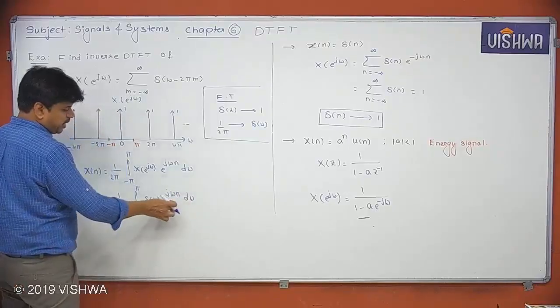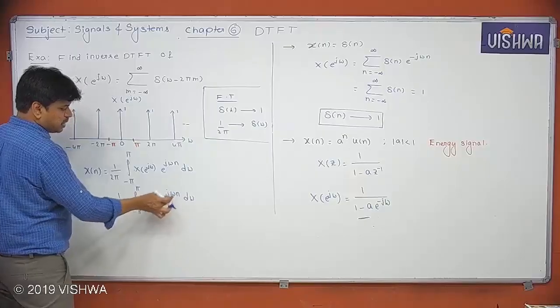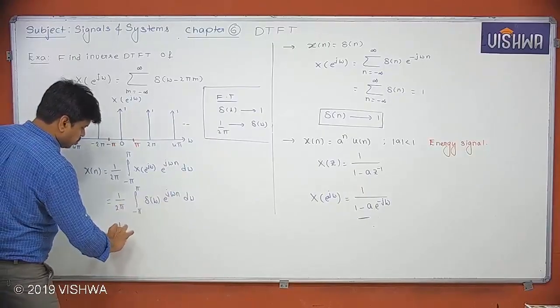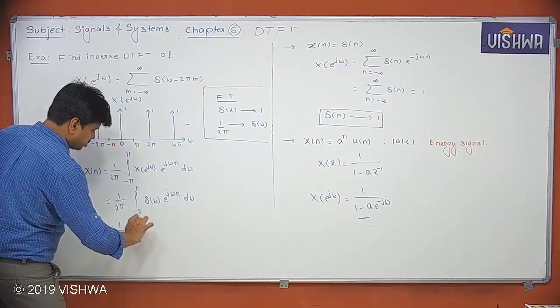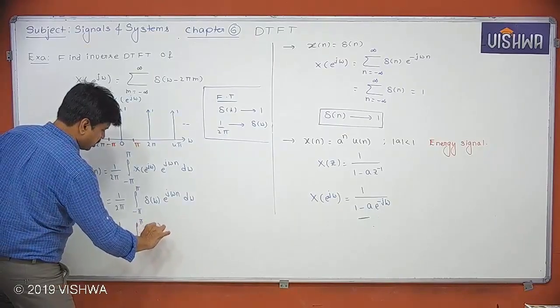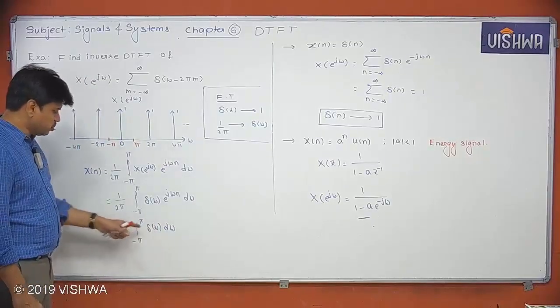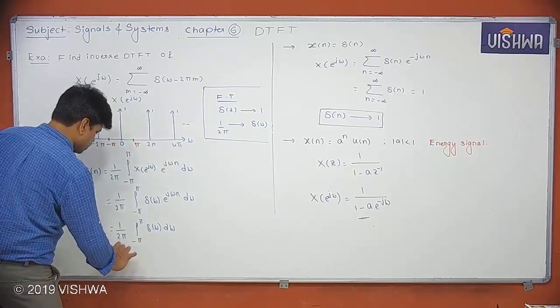Any function multiplied with delta omega, omega has to be replaced with 0. This value will become 1. So this is nothing but 1 by 2 pi integral minus pi to pi delta omega d omega. If you observe carefully, this integral value is equal to 1. Finally, we are going to get 1 by 2 pi.